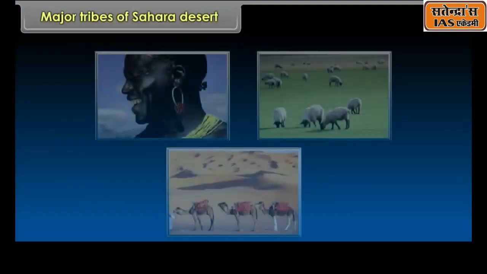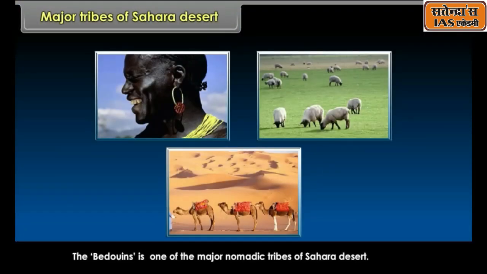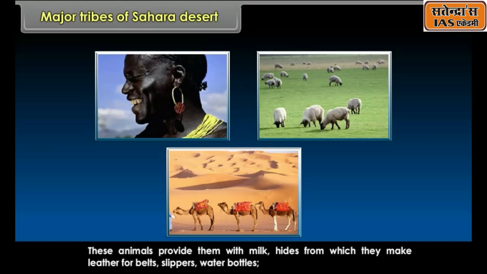Major tribes of Sahara Desert. The Bedouins are one of the major nomadic tribes of Sahara Desert. Many of them engage in rearing of sheep, goats and camels. These animals provide them with milk, and hides from which they make leather for belts, slippers, water bottles.